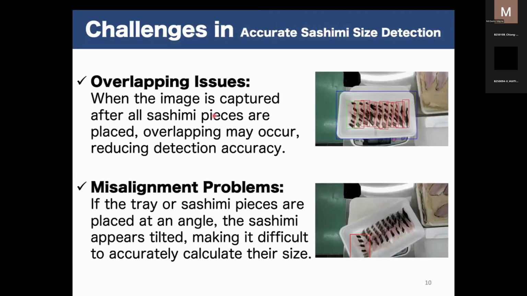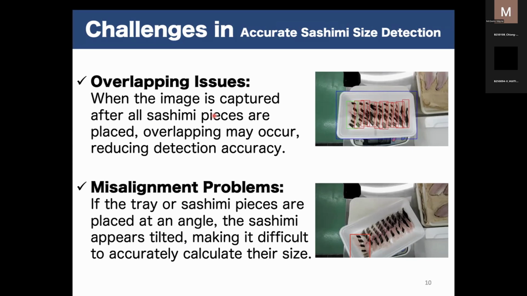So here we face two major technical challenges. The first one is that at this stage we found a problem with overlapping slices. It means that when multiple slices touch or overlap in the tray, the model tends to misclassify them as a single object, not separate ones, and produces incorrect bounding boxes.